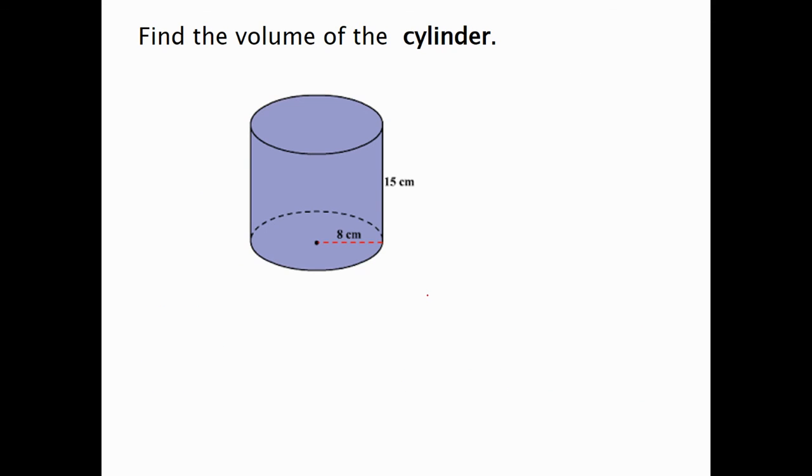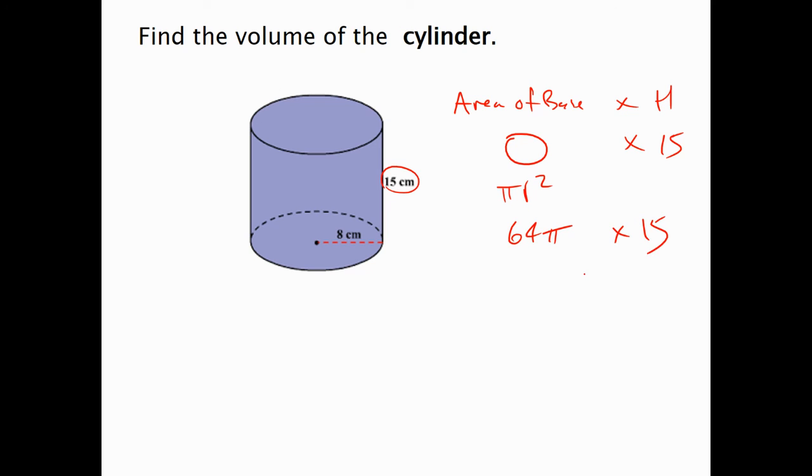Okay, cylinder. Again, think area of the base, which is a circle, times the height. That's all we got to do, because we're going to find the area of this circle and then stack them up on top of each other 15 times. So area of the base is pi r squared. We're given the radius, 64 pi times 15. So then we can go to our calculator.